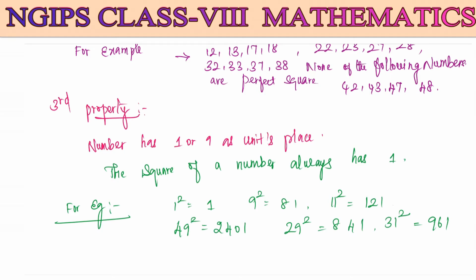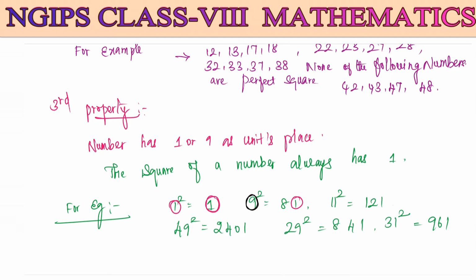Now if you look at this, when the unit digit is 1, the unit digit of the square is going to be 1.